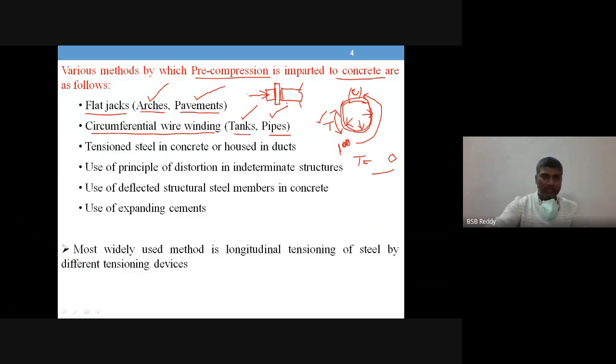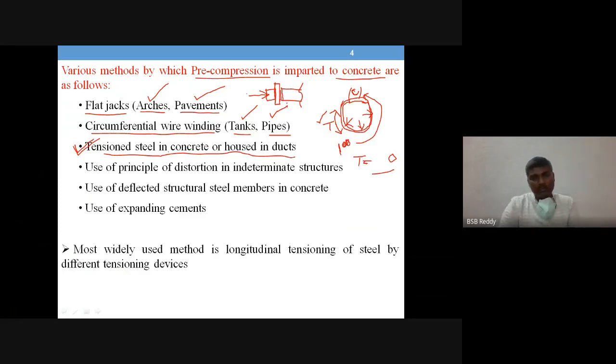and the next technique is tension steel in concrete or housed in a duct. It is nothing but the pre-tensioning and post-tensioning technique. This is the widely used technique.